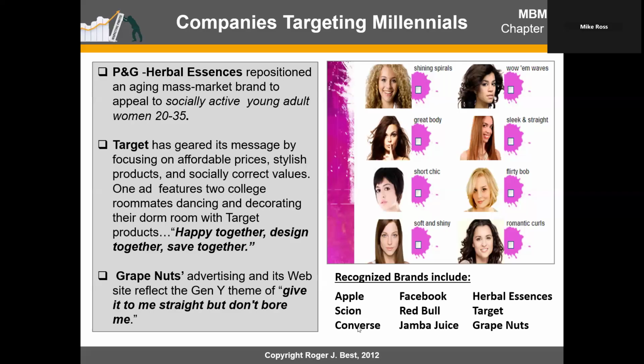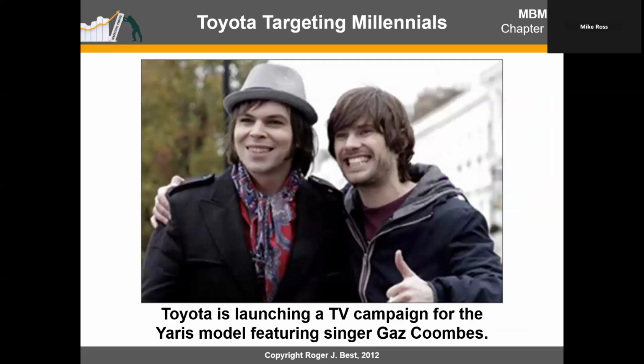Scion cars, Converse, actually, those seem to be popular with younger people again. I'm trying to remember what the brand was that wasn't popular, and now it is again. It's escaping me right now. So you sort of get the idea that different brands tend to target different age groups and the preferences associated with each of those age groups.